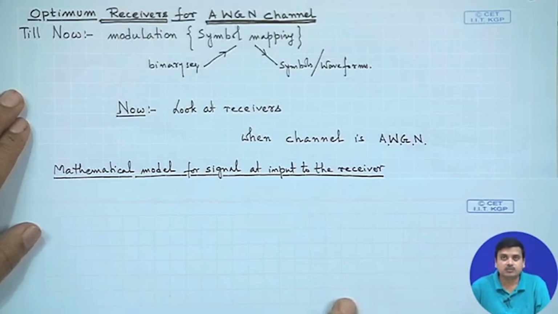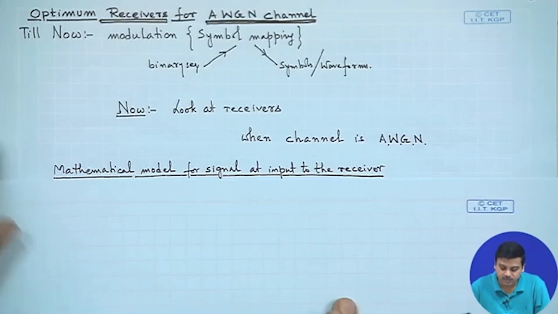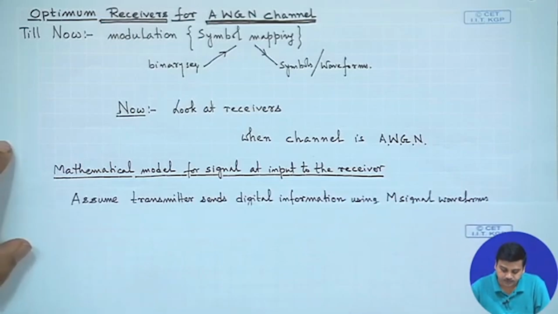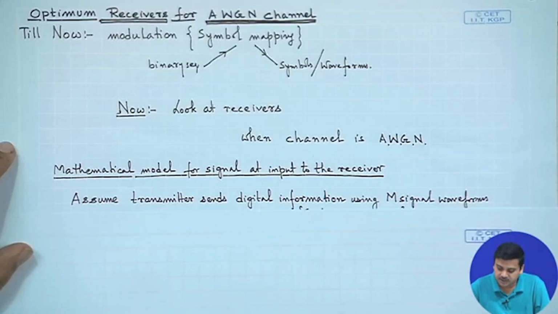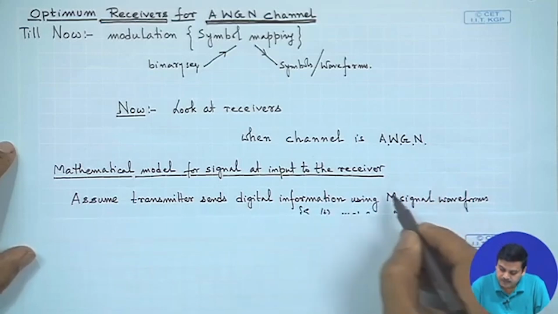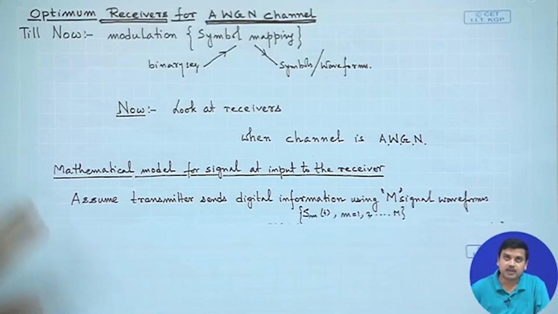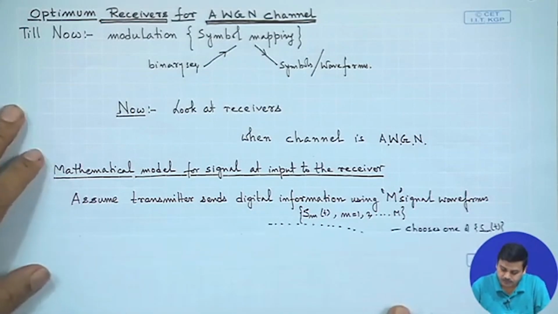First what we need to look at is the mathematical model for the signal at the input of the receiver. For this we will assume that the transmitter sends digital information using M signal waveforms. That means, there are M number of signal waveforms, and these are s_m(t), m equals 1 to capital M.